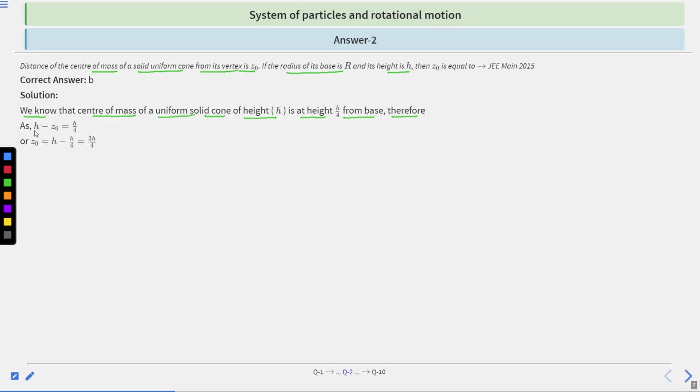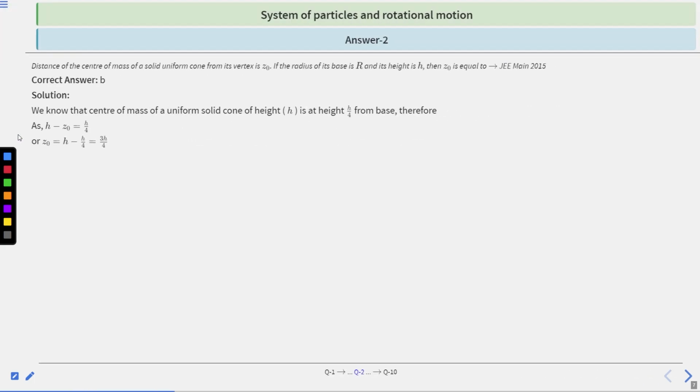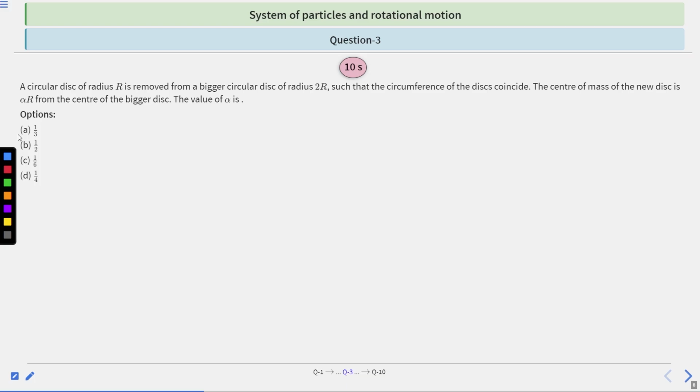Therefore h minus z0 is equal to h by 4, or z0 equals h minus h by 4, which is 3h by 4. So 3h by 4 is the correct answer, option B. Next question.